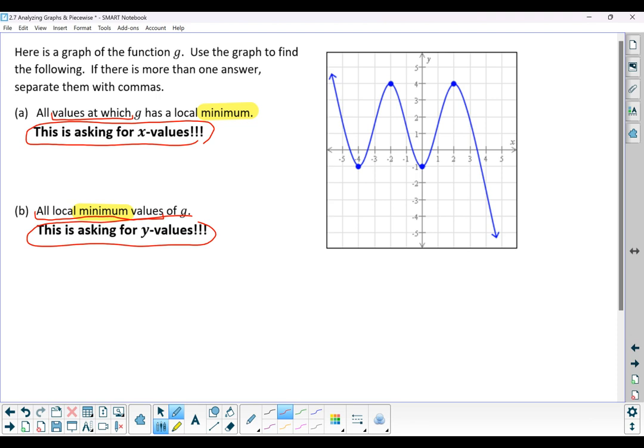This topic often comes up on tests, and honestly, people miss it all the time. It's because of two things. They either mix up the X and the Y, or they don't notice that it's asking for a min or a max. So they'll list either all the mins and maxes, or they'll list the maxes when it asks for mins, or vice versa.